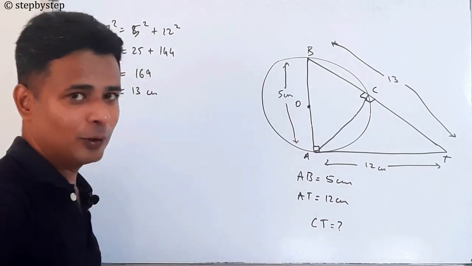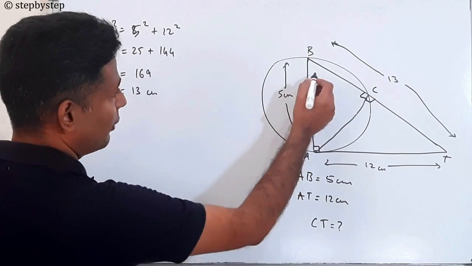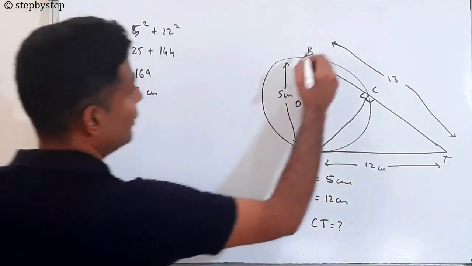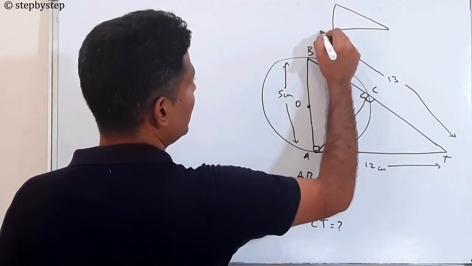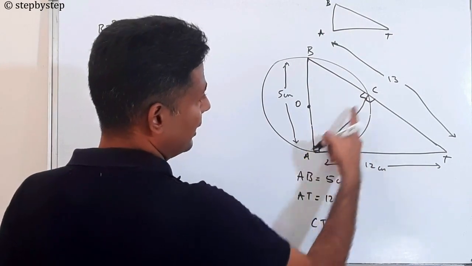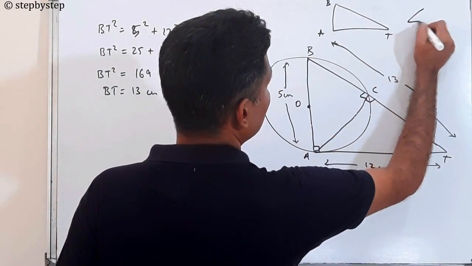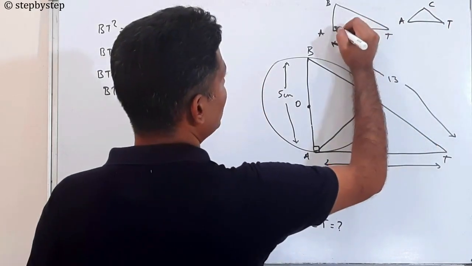Now for this problem, you have to use similarity. First I'll take the whole triangle. We'll split the triangles. Like I said, it's better to split the triangles always. ATB, and I'll take this triangle ACT. We know this angle is 90 degree.